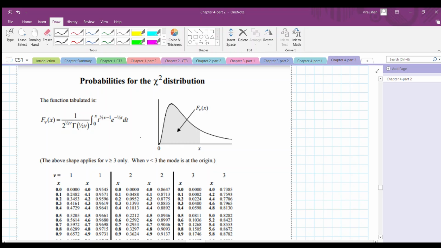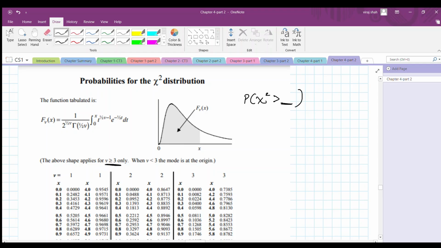If you can see this part, so how my tables are basically formed. Since you can see that this side is colored, this means that I have been given the probability values for chi-square distribution greater than some values. Even if you can read it right here, it is given for v greater than 3 only.